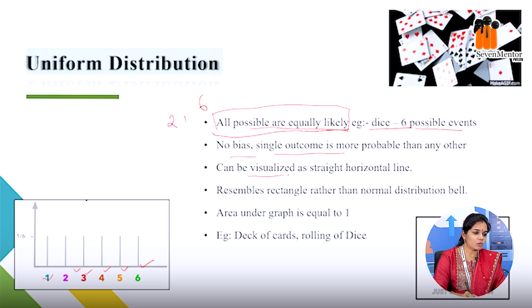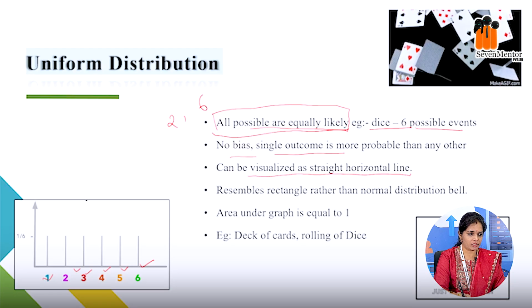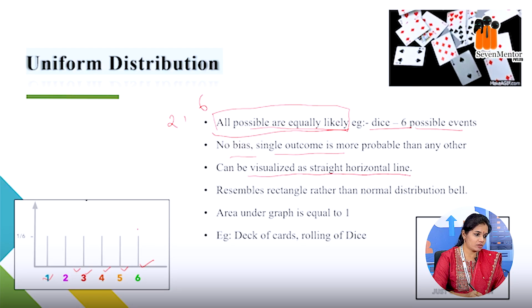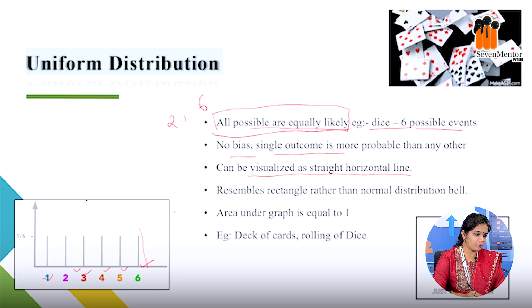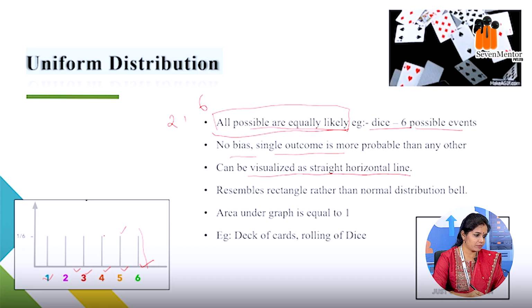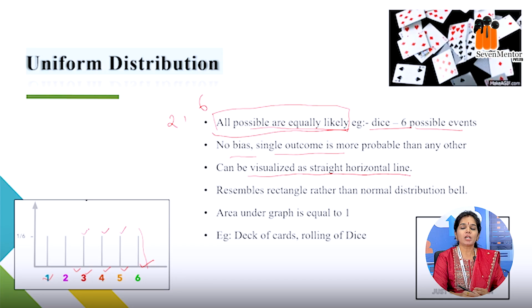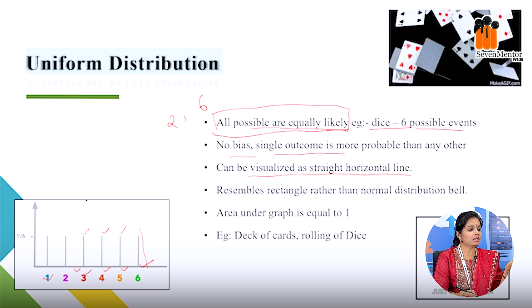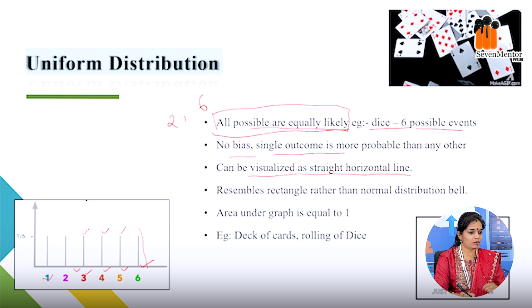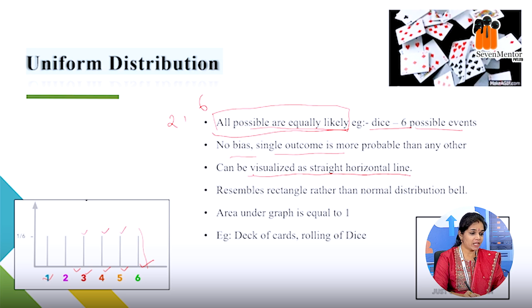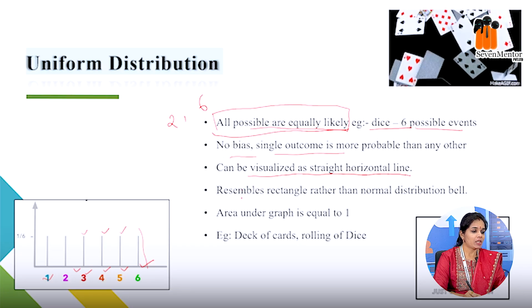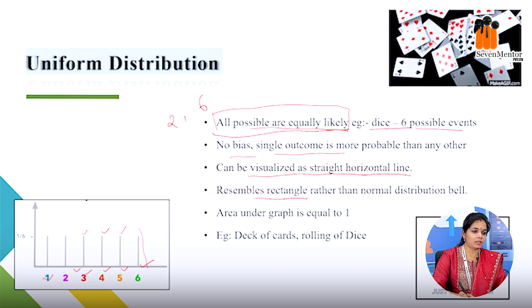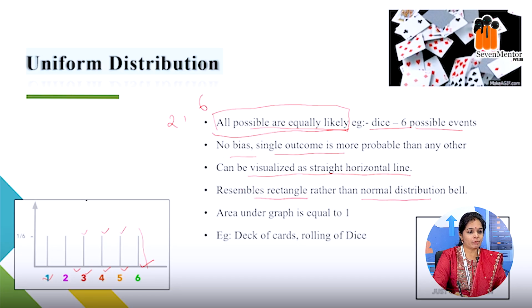It can be visualized as a straight horizontal line. I have purposefully given this diagram so that you can imagine how the outcome will be. Visualization helps more, correct? So it resembles a rectangle rather than the normal bell distribution.